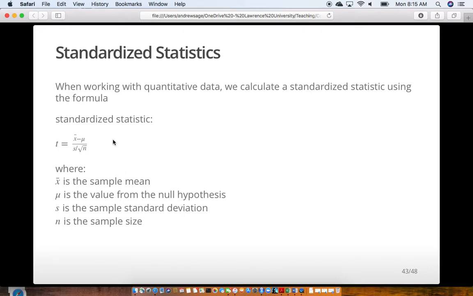In this situation, we'll calculate the standardized statistic by taking our sample mean and subtracting the value of mu from our null hypothesis, and then dividing it by the sample standard deviation over the square root of the sample size. This quantity in the denominator, s over the square root of n, is known as the standard error for the sample mean. We call this statistic t.